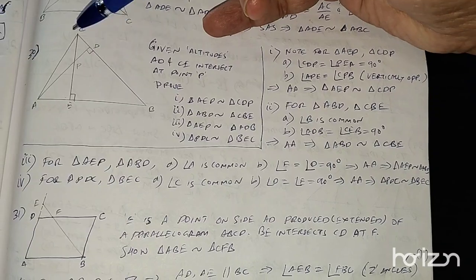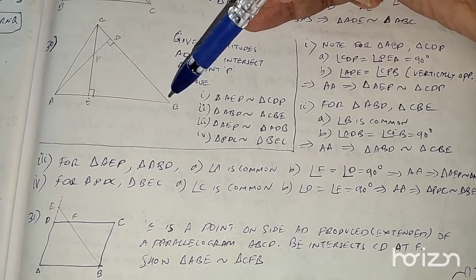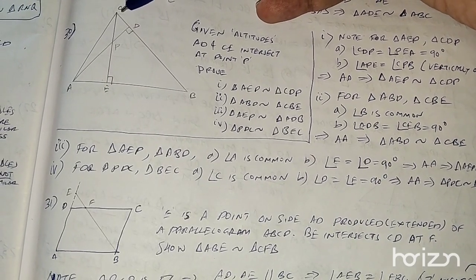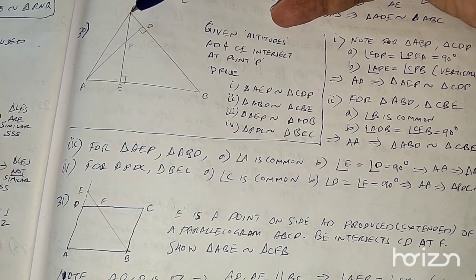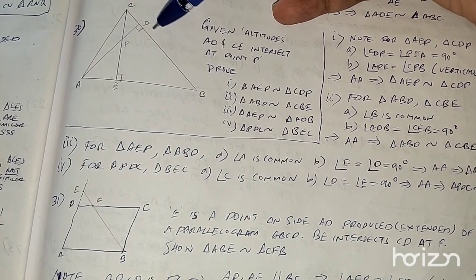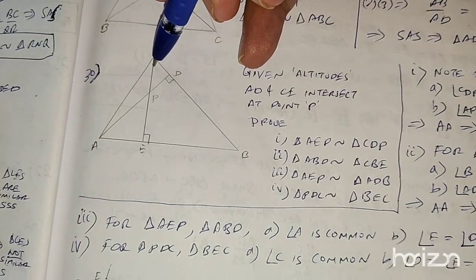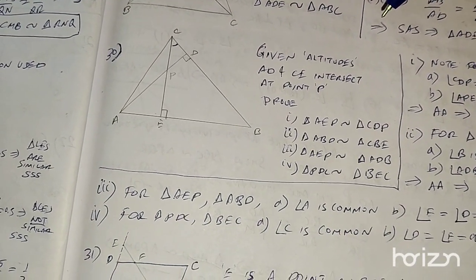Similarly, for PDC and BEC, you can see that angle C is common, this angle. I'll just draw it again here. Angle C is common, isn't it?